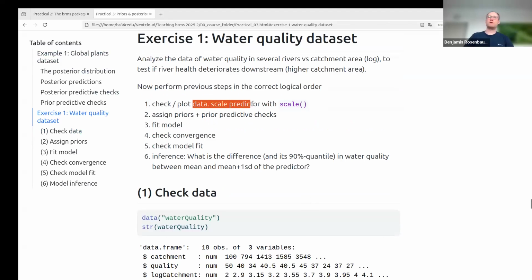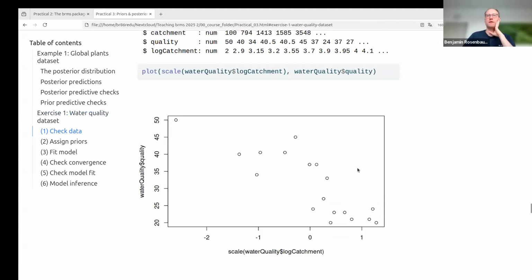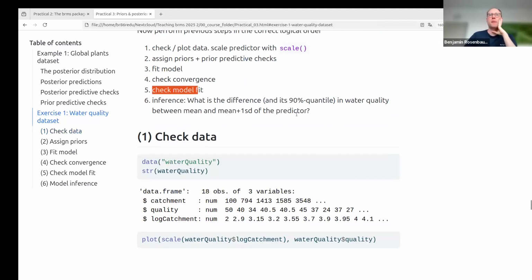So you can, for instance, scale the predictor to make everything a bit more manageable. Look at different prior choices, make prior predictive checks, fit the model, check convergence, check the model fit. And then, sure, we see, okay, probably the effect is negative, right? You see this already here, but with the hypothesis function, you can quantify this.